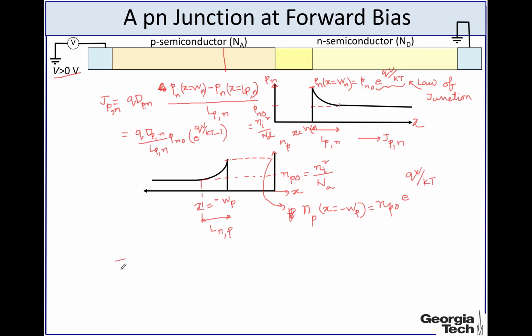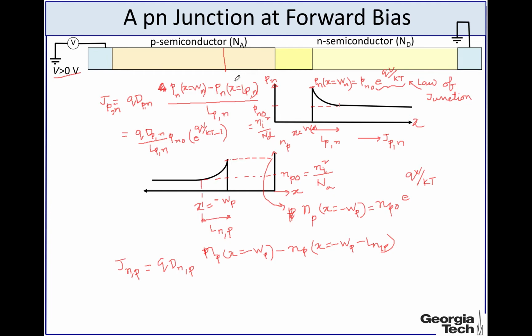Okay, so the diffusion current density for the electrons in the p side is equal to Q, the diffusion coefficient for electrons in the p side, multiplied with Np at x equal to minus Wp minus Np at x equal to minus Wp minus Lnp.